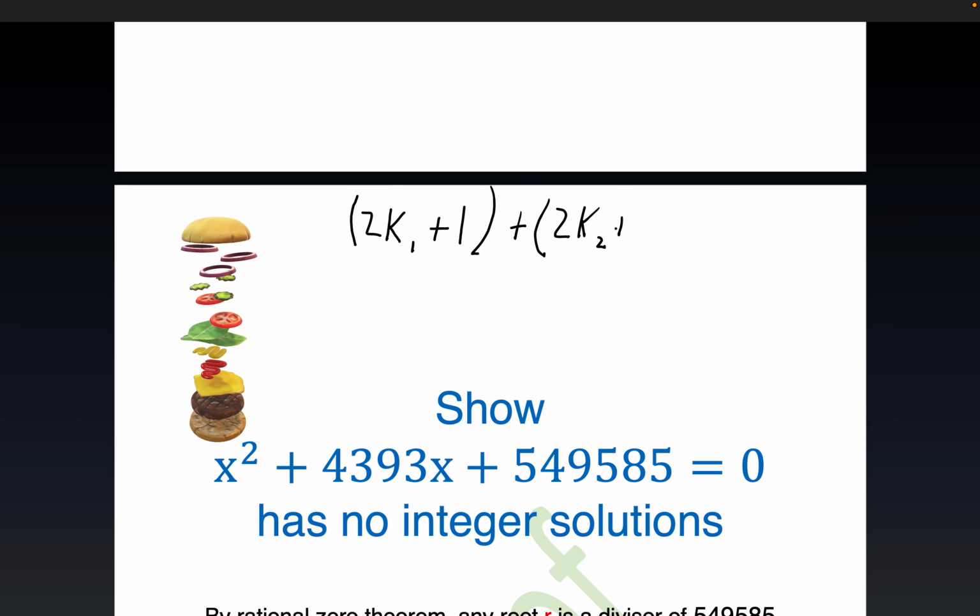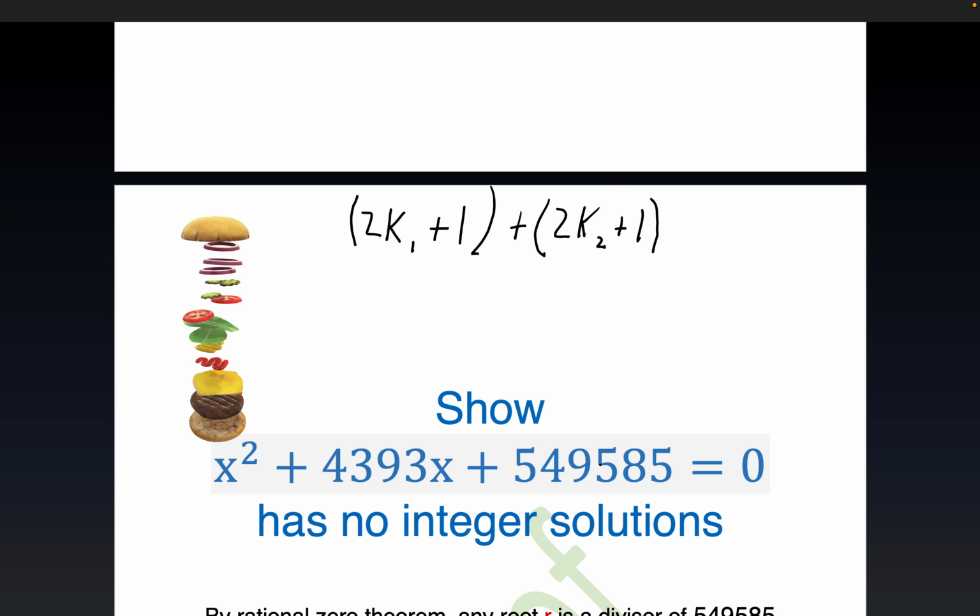So I'm going to sum three odd integers, state something that's fairly obvious, and note that this is looking that way because the coefficients are odd. They're large and they're odd, okay? And also note that any zeros, any integer solutions would have to be odd because they would have to be a divisor of this odd constant term, and you can't have any even divisors because otherwise it would be an even number, right?